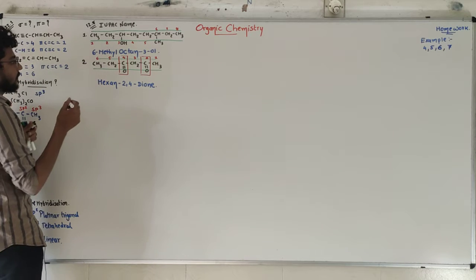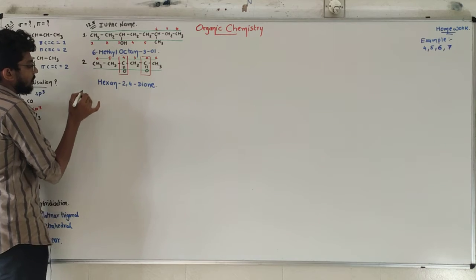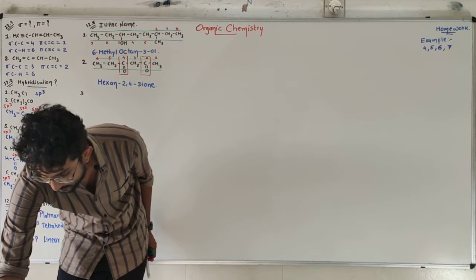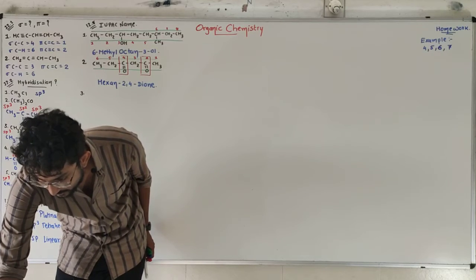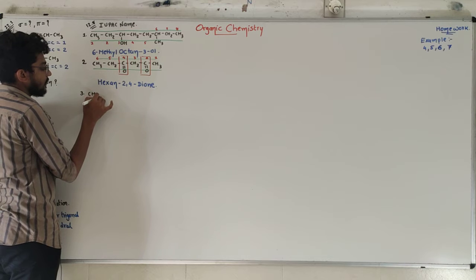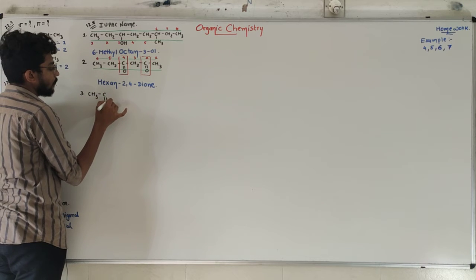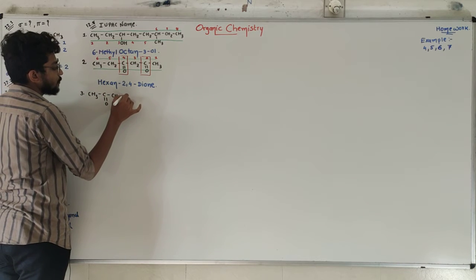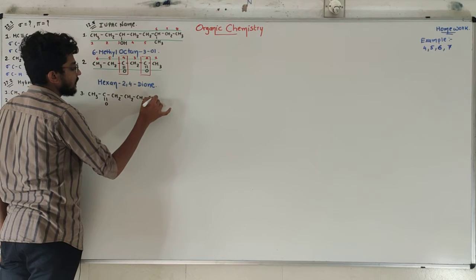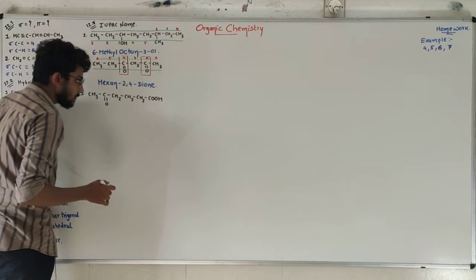After that, our third structure. Okay, so here it is, CH3 C double bond O, CH2 CH2 CH2 C double bond OH.